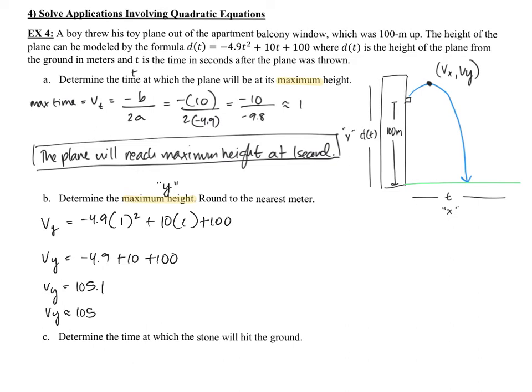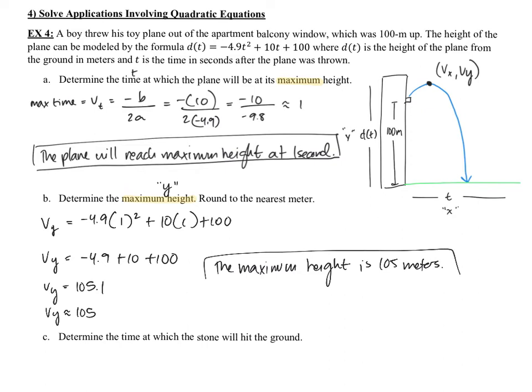The maximum height is 105 meters. So he actually threw it pretty high. He was at 100 meters and he threw it up about 5 more meters, and then it started to fall. Yeah, it's pretty believable.